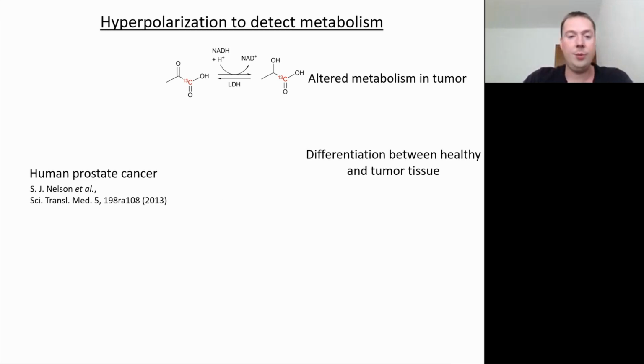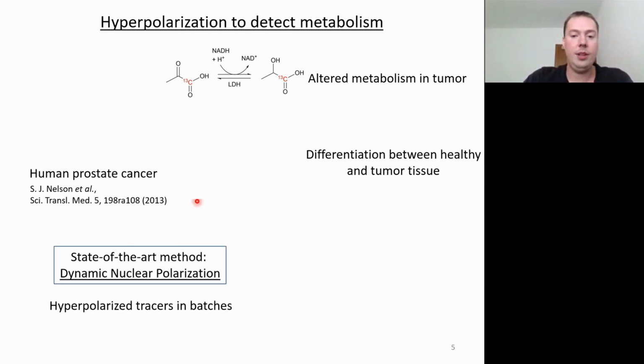So very nice and interesting work, and this was done with the current state-of-the-art methodology, dynamic nuclear polarization, which is a great technique if you want to hyperpolarize tracers in batches.